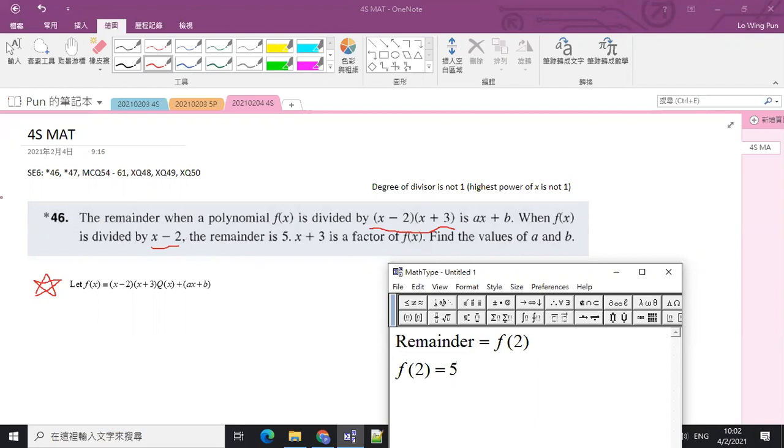Yes, because we have already let f(x) be this function. So f(2) can be calculated by (2 - 2)(2 + 3)Q(2) + a times 2 + b. The left-hand side, f(2), is calculated by the formula of f(x), and the right-hand side is still equal to 5.